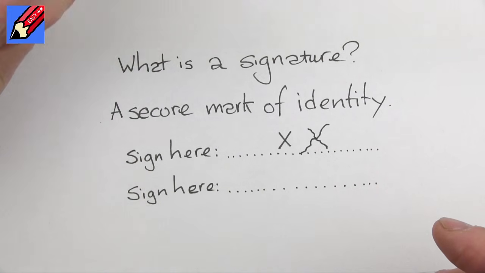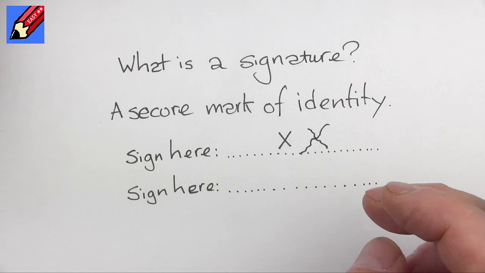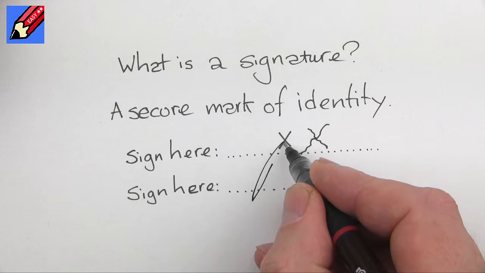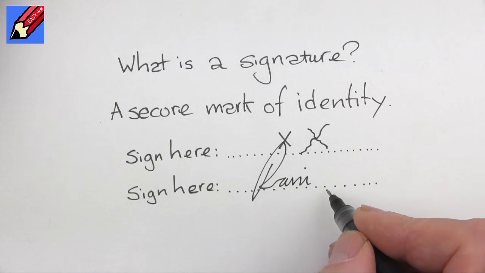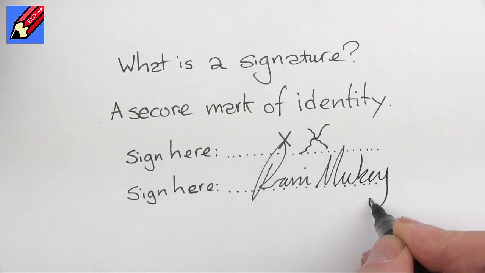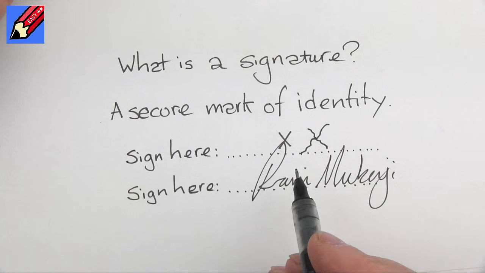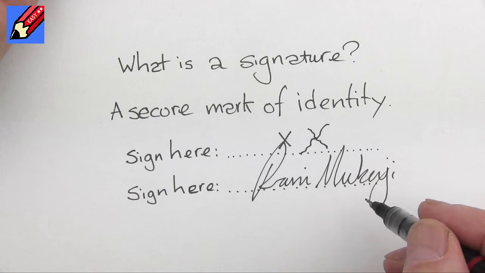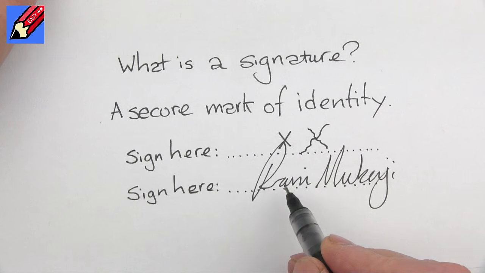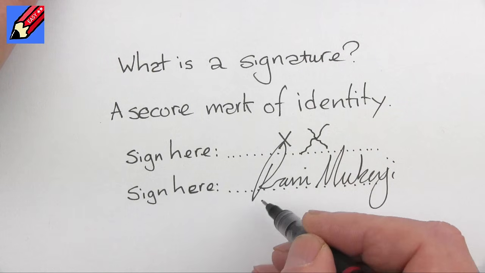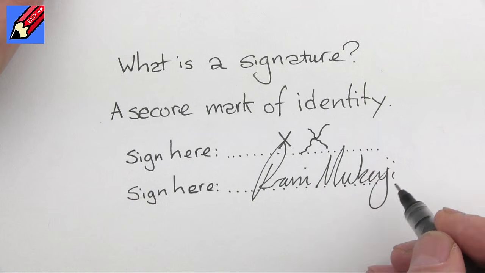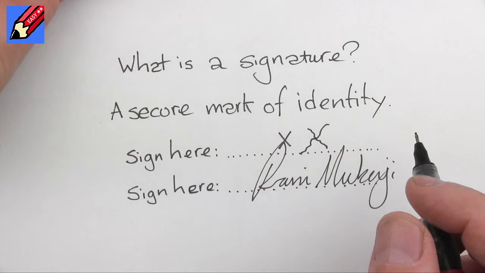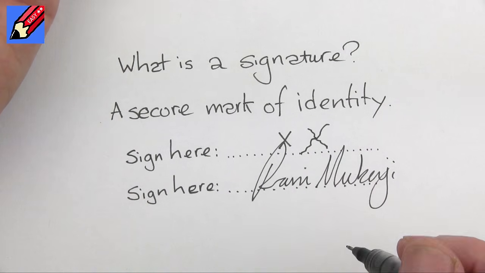I've noticed a lot of my Indian viewers are particularly interested in signatures at the moment. So you might want to sign something like Rani Mukherjee. Obviously my name is not Rani Mukherjee, but the thing about this is that if your name is Rani Mukherjee and you will answer to that signature in a court of law, then this is a perfectly legal and acceptable signature.